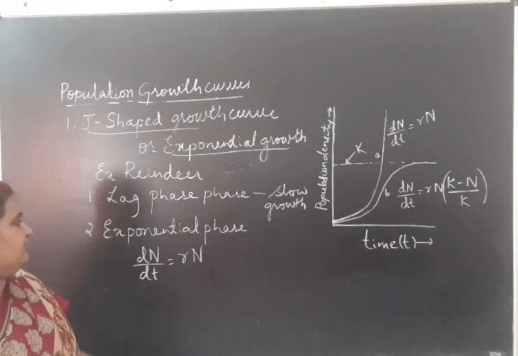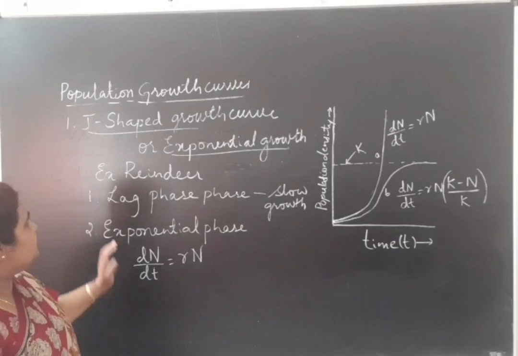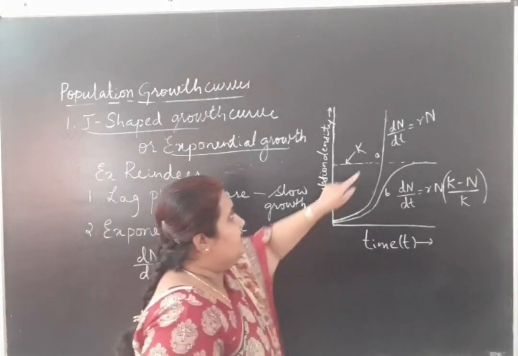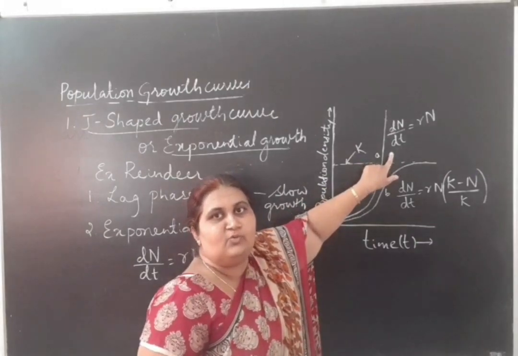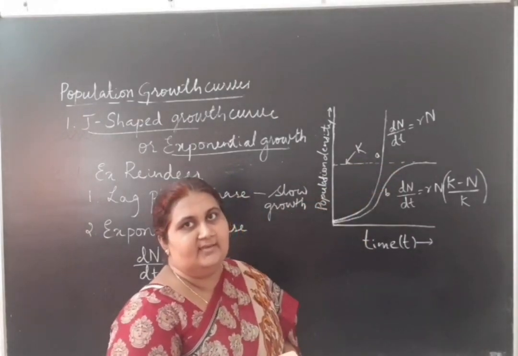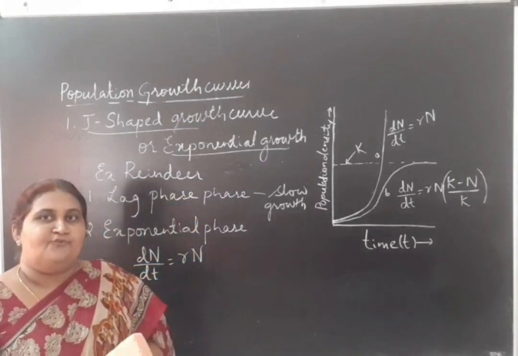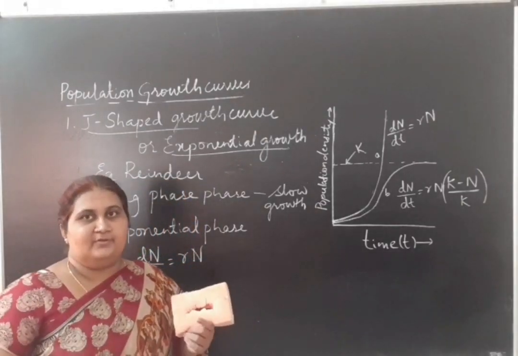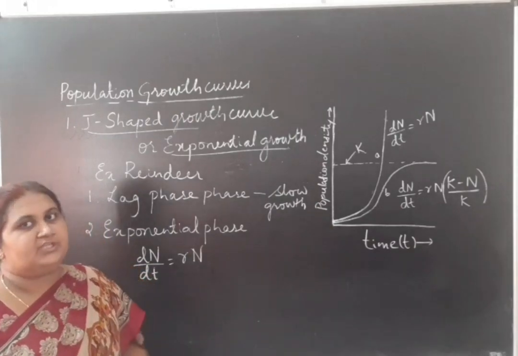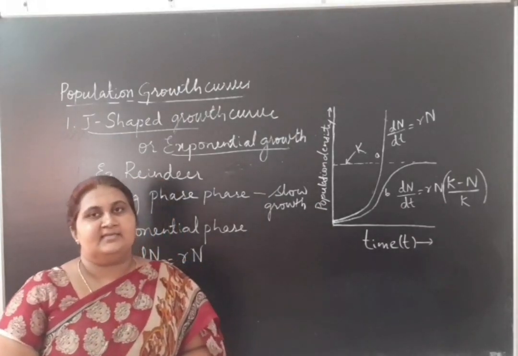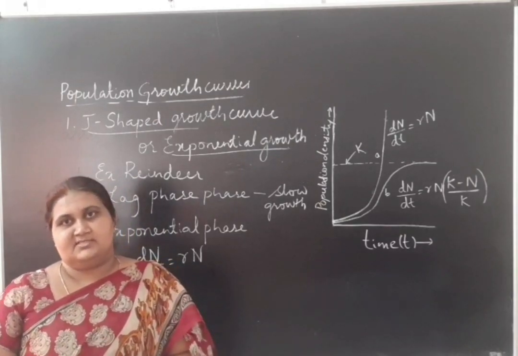So the equation for the J-shaped growth curve is dN by dt is equal to rN. For any population to show J-shaped growth, it should get unlimited natural resources.